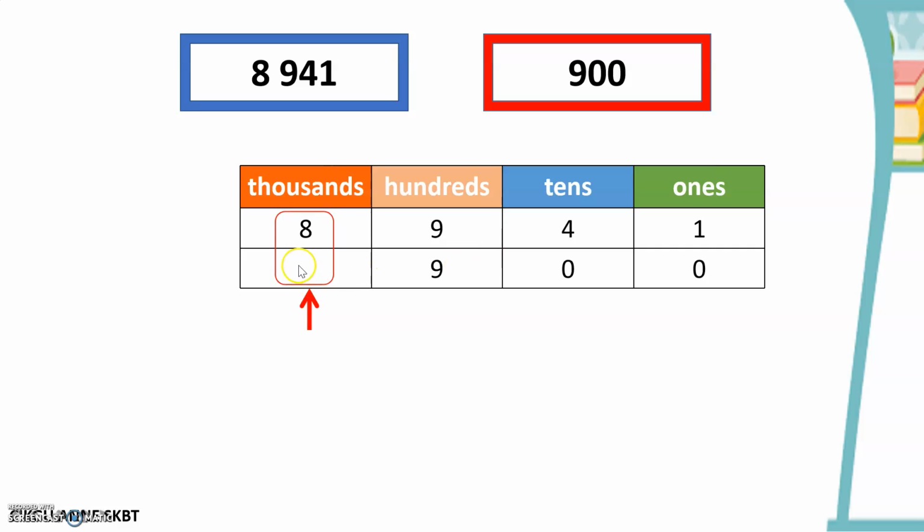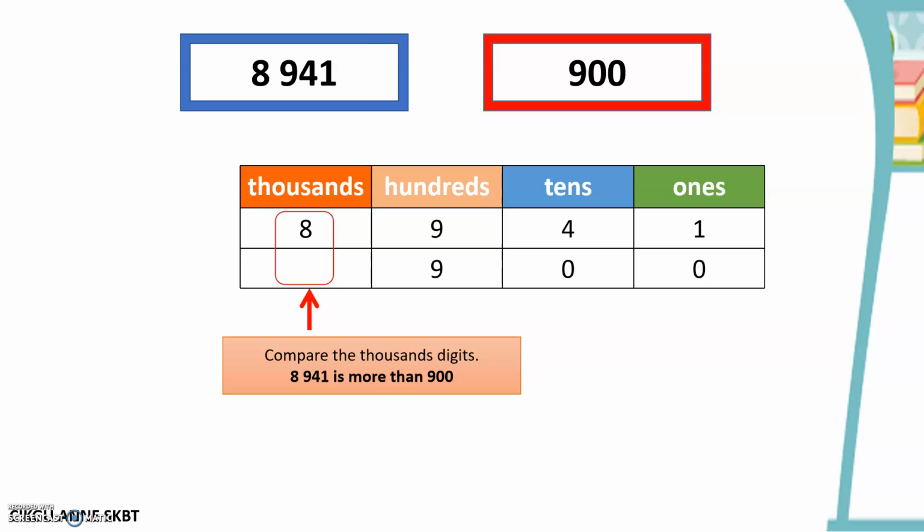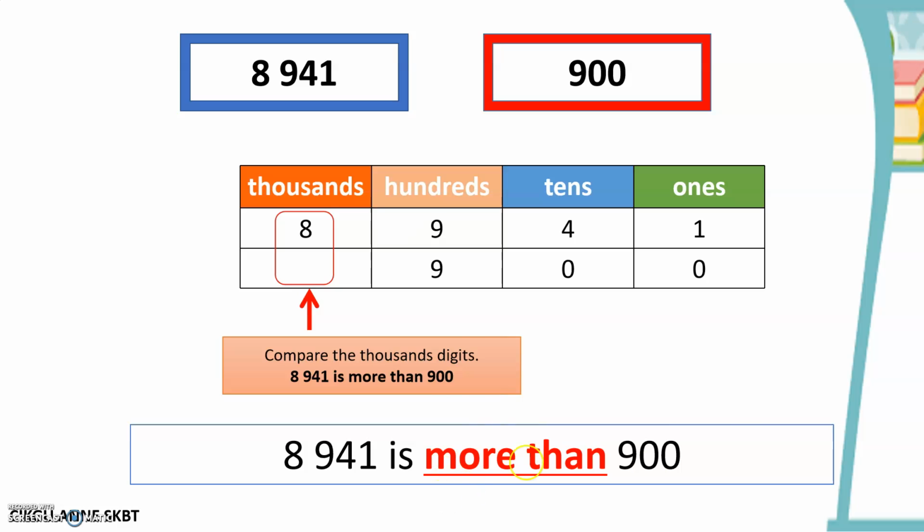Compare here. There is no thousands here. That means this one is larger than this one. Compare the 1000 digit. 8,941 is more than 900. So we can use more than or larger than.